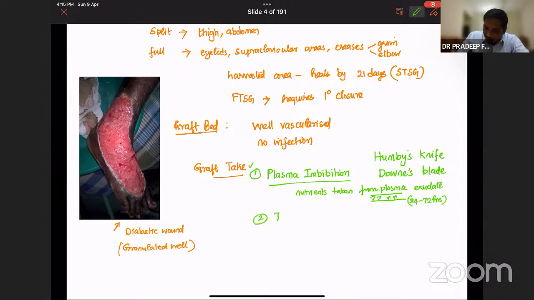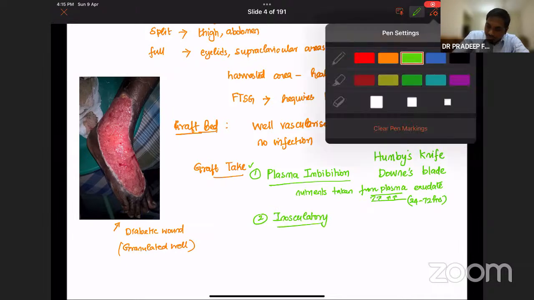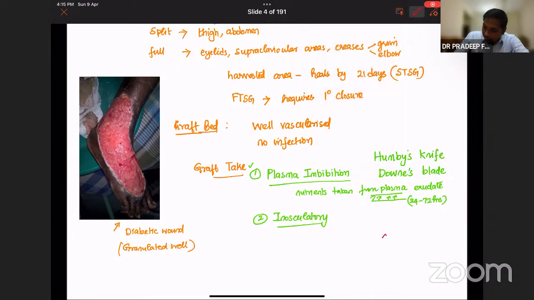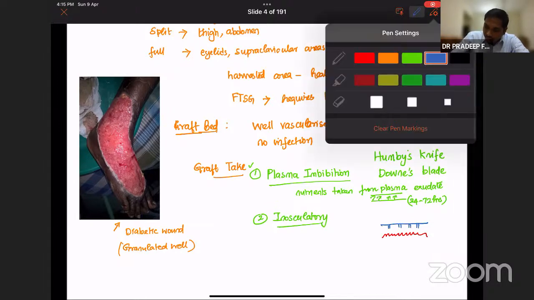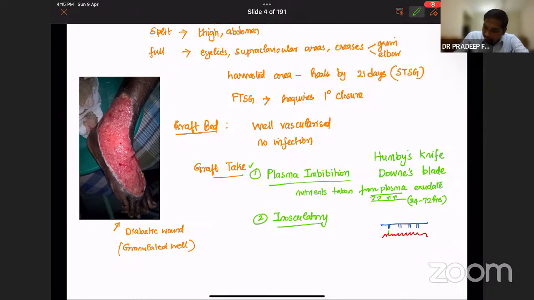Then the inosculatory phase. What do you mean by inosculatory phase? So this is the granulation tissue. This will be the graft. The graft will develop angiogenesis, that is neoangiogenesis. From the granulation tissue, the blood vessels grow towards the graft.